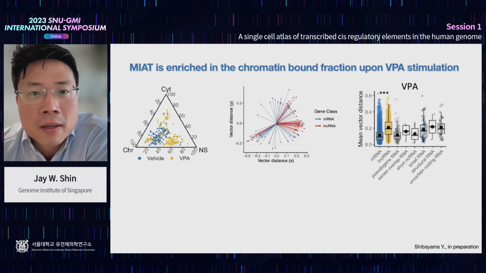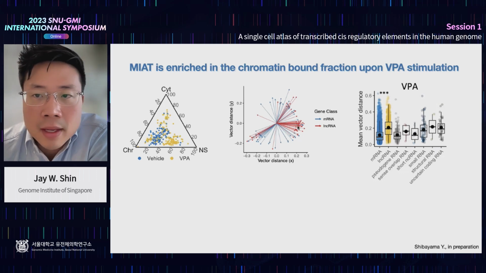So everything in the middle is a control, and they're moving away from their site of origin. And you can see that many messenger RNAs do move to various locations, but interestingly, the non-coding RNA class moves more into the nuclear soluble fraction, as observed here.